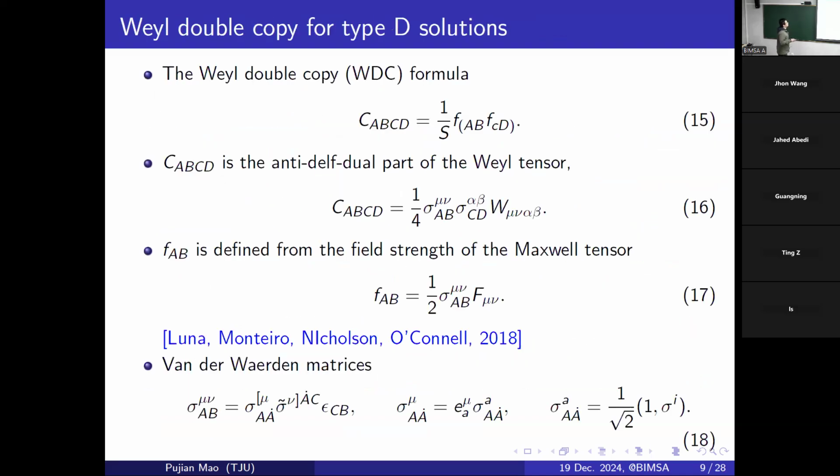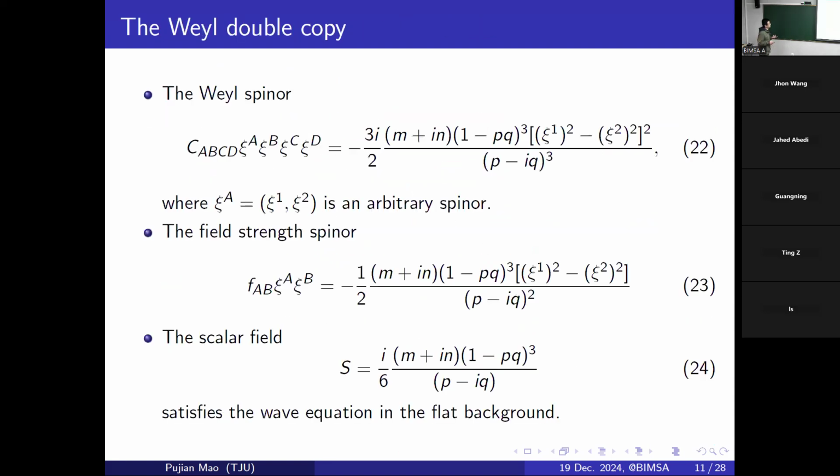The Weyl double copy relation, which is very transparent in the spinor language, is simply the connection between the Weyl spinor and the Maxwell spinor. We believe this relation can also be valid in 5D. We are trying to verify these relations, so we also need the spinor formalism in 5D.